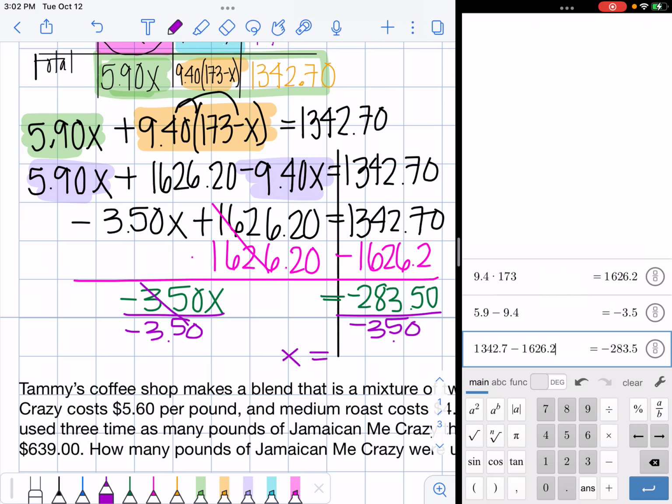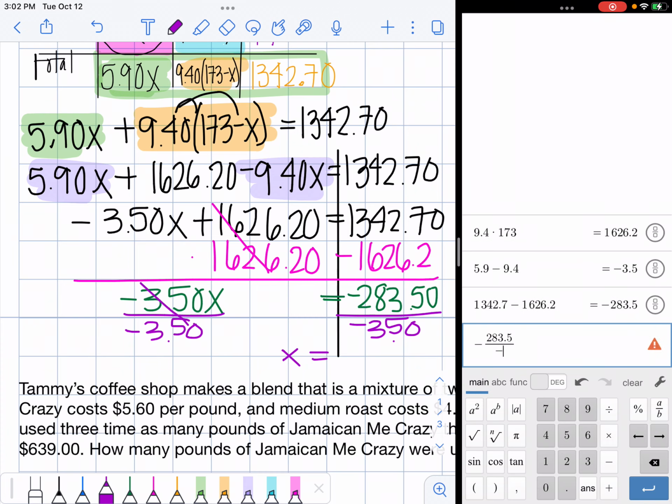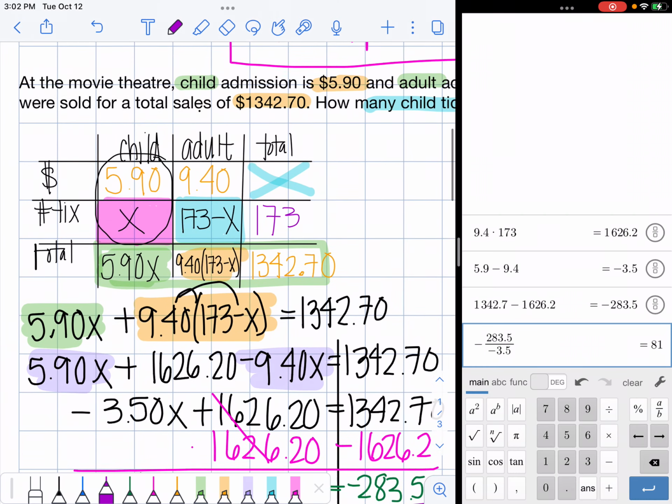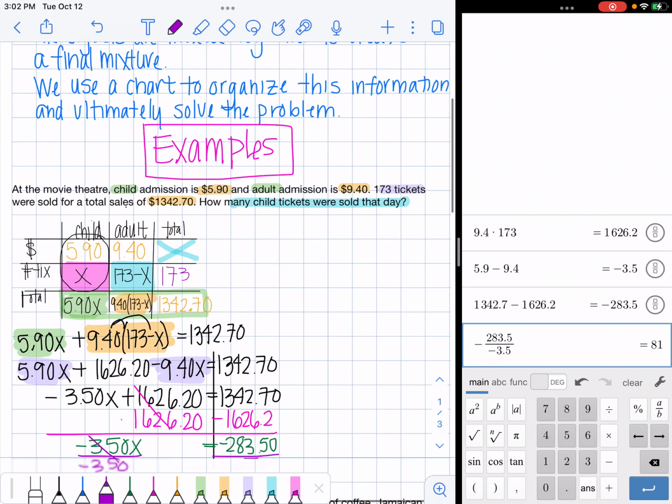So X is equal to negative 283.50 divided by negative 3.50, which gives me 81. So that means I sold 81 child tickets.